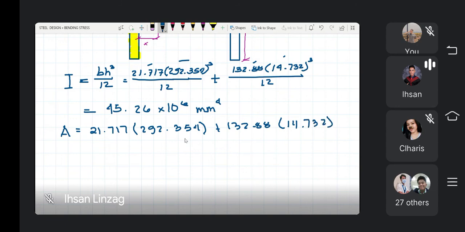So what is the area, guys? What is the area? 1,306.64 mm square.